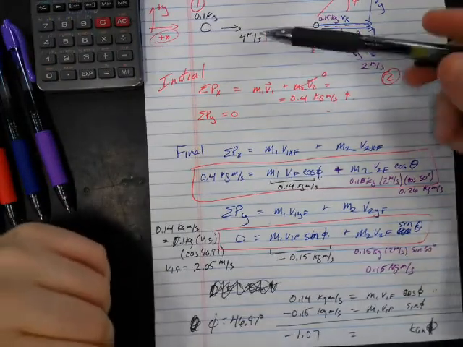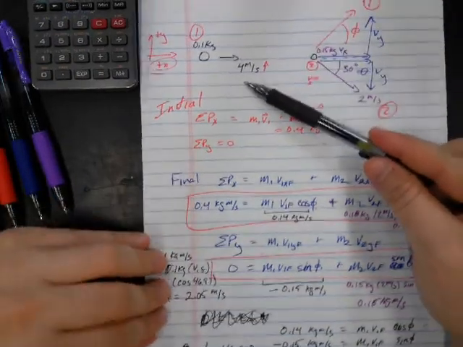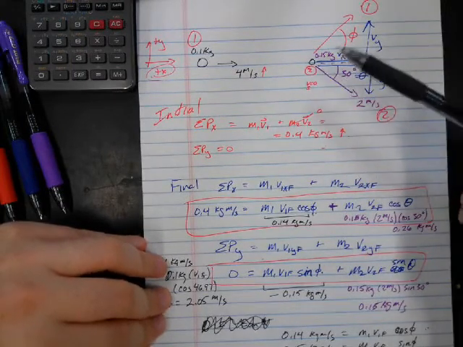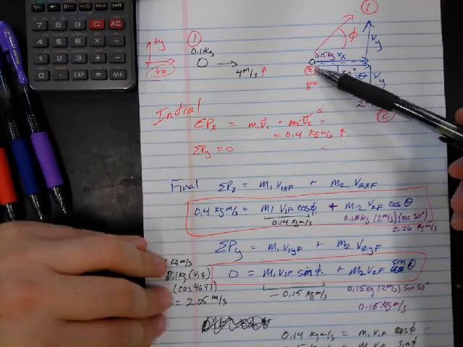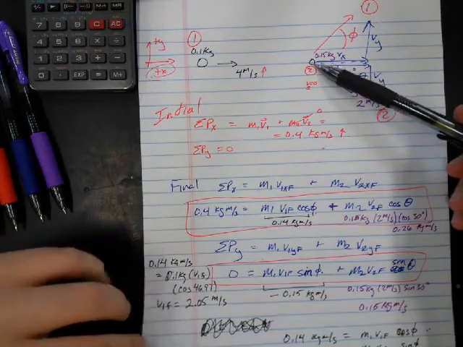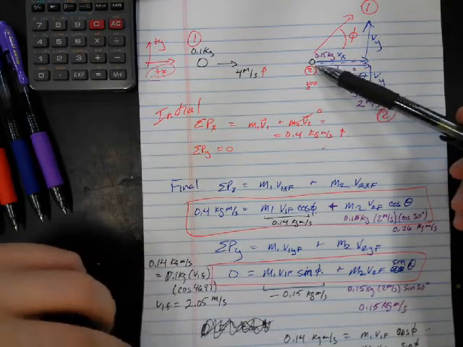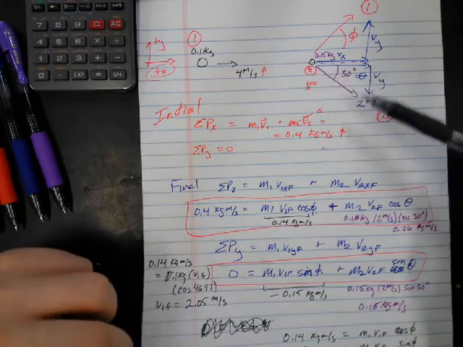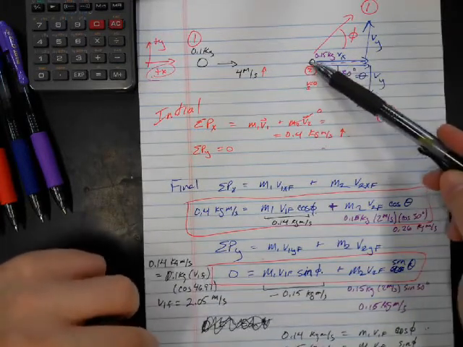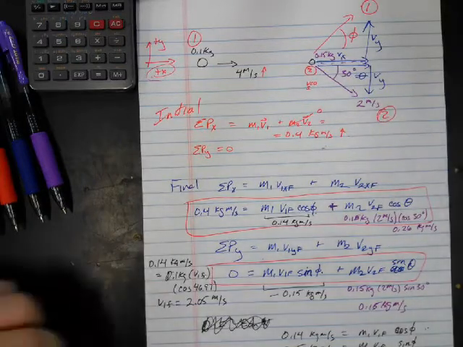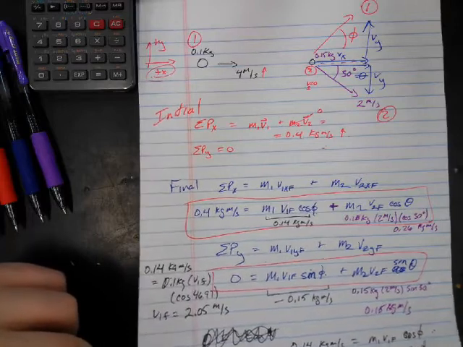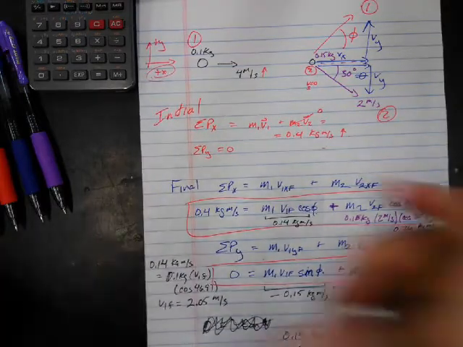That kind of makes sense. We start out with this thing going 4 meters a second, and then it bounces off of a slightly heavier object, so most of the momentum should go with the heavier object. The heavier object goes a little slower, and the lighter object goes a little faster. Roughly what we suspect. Okay, that seems okay to me.